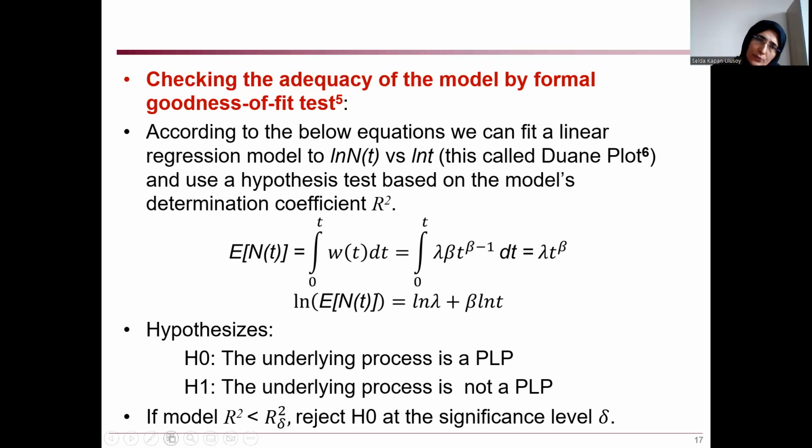For this test, the null hypothesis is that the underlying process is a PLP, power law process, and the alternative is that the underlying process is not a PLP model. If the R square from the linear regression model is less than the critical value, then we reject H0 at the significance level of delta. Again, in the paper, they provide the critical values table.